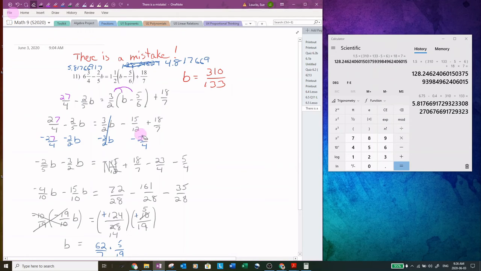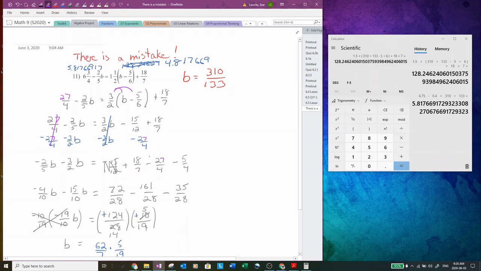Oops, erase. 27 over 4. So these cancel out, and nothing else is going to change. This side down here is all going to stay the same because that 27 over 4 doesn't affect anything over here anymore. So I need to change this 23 to 27 over 4.